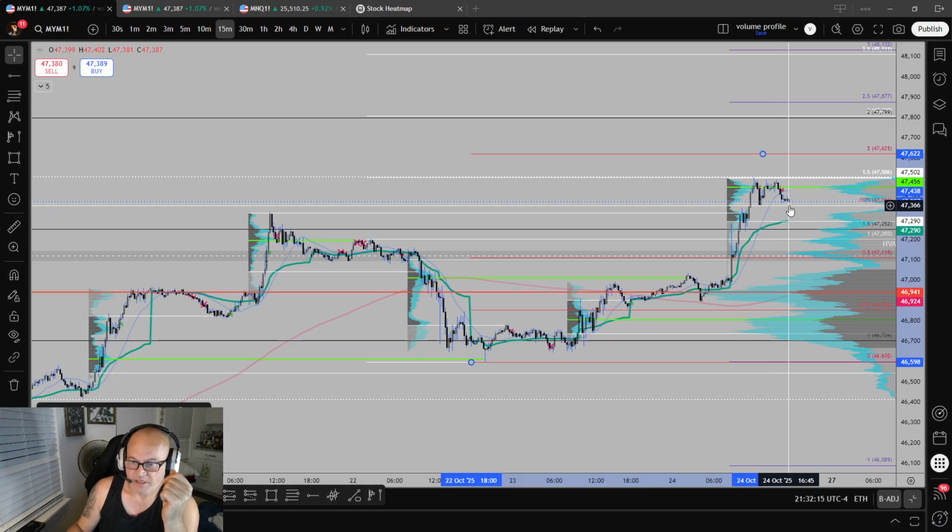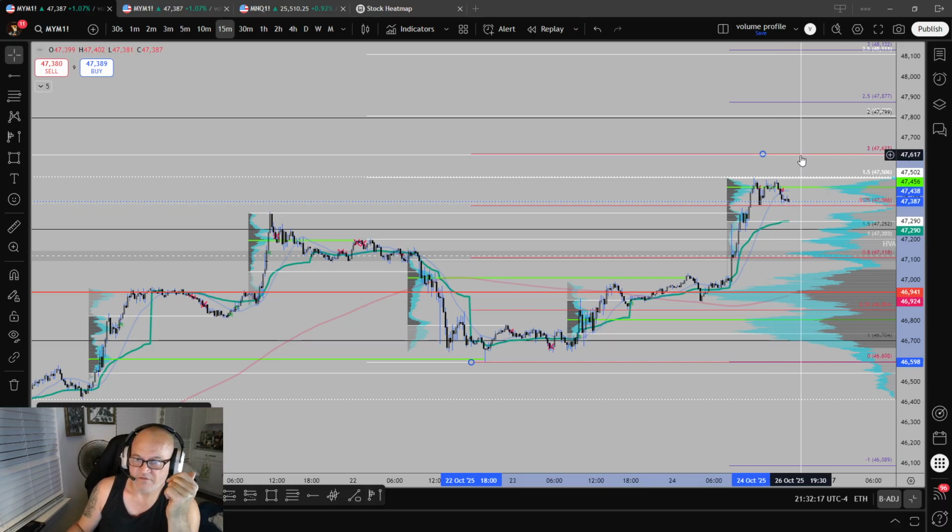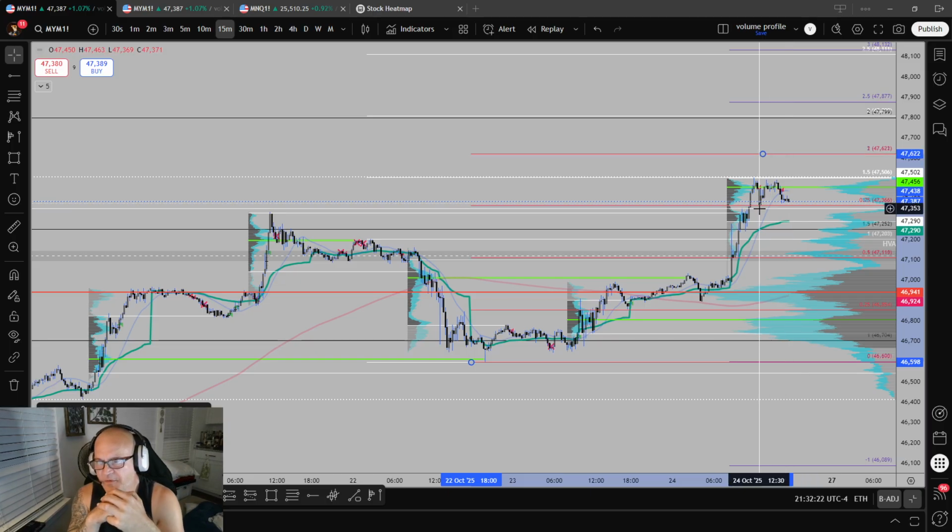But if we go higher from here, these are the levels I'm looking for. 47,620, to reverse, pull back from there back to equilibrium.